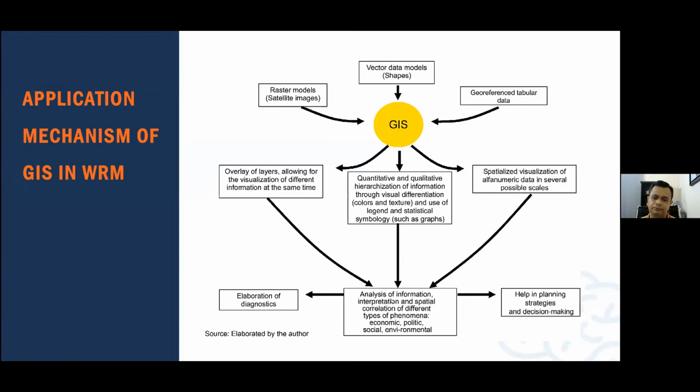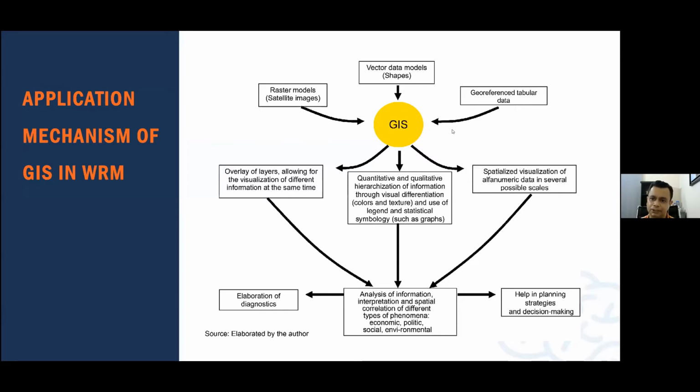And then from this analysis, we can have some elaboration of diagnosis, and it can be helpful for planning strategies and decision making. So this is an overview of how we can integrate all this kind of resources, all this kind of information. Some can be raster databases, some can be vector databases, and some can be georeferenced tabular data. All are possible to relate to water resource management.